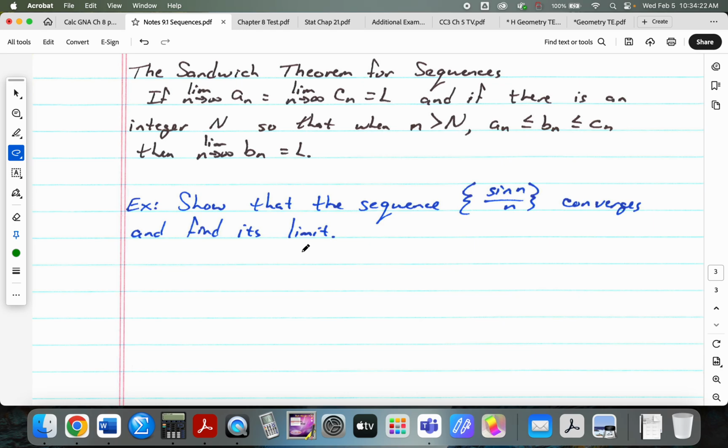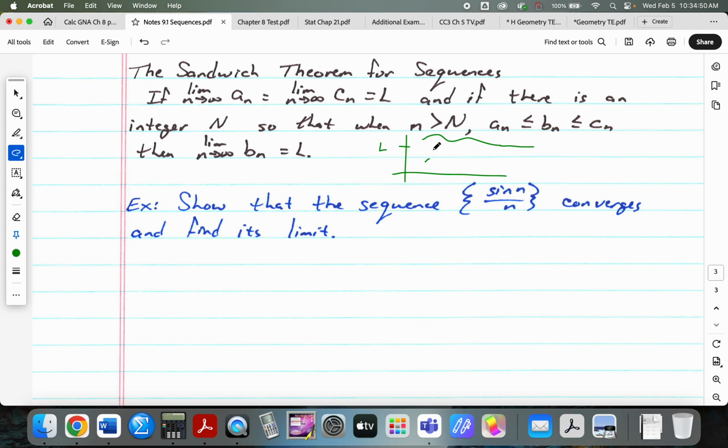You're like, okay, that's an awful lot, but basically what's happening is this. As you go to infinity, what has to happen is that these both have to go to some particular value. So if a sub n is up here and it eventually gets closer and closer to L, and then c sub n is maybe down here.